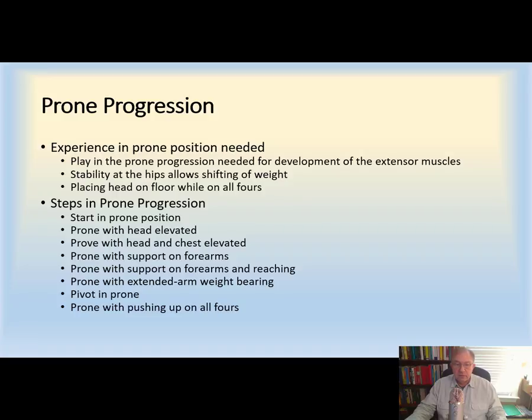The next step in that prone position is with an extended arm that is weight bearing. So pushing and still maintaining weight bearing, and then being able to pivot in that prone position.